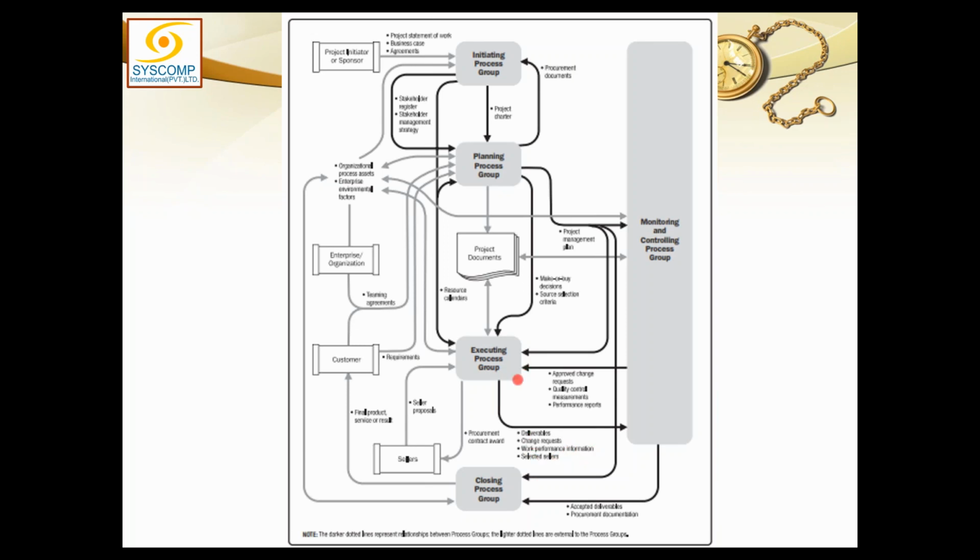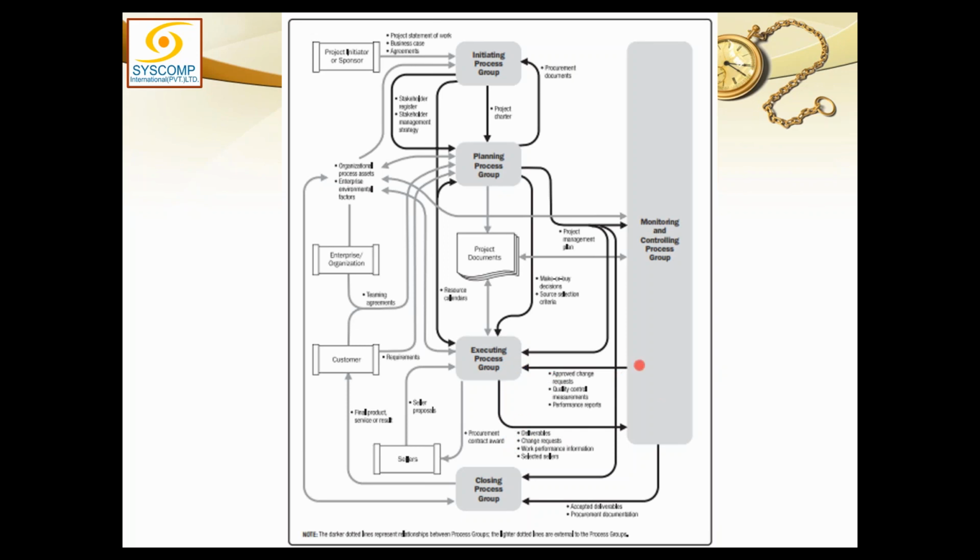Then we can also move some change requests from execution. If something is not going according to the plan, naturally we can't change anything by ourselves. Execution has no authority to bring any changes, but it can always request a change and monitoring and control will deal with the change. And it is not bureaucratic.